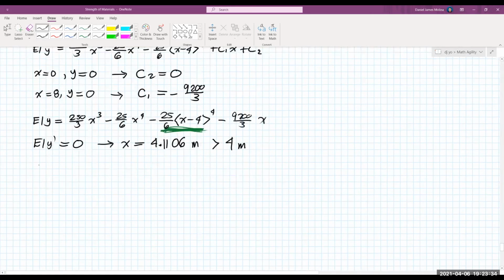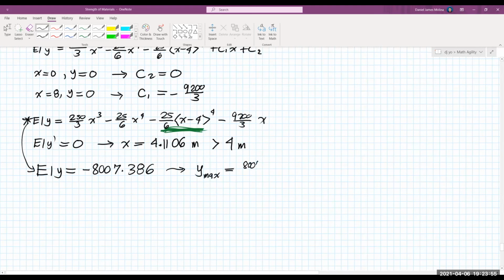And then substituting it into our deflection equation, EIY is actually equal to negative 8,007.386. That's approximate. So our maximum deflection y is equal to 8,007.386 all over EI.